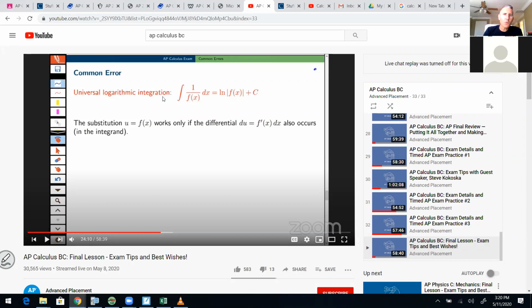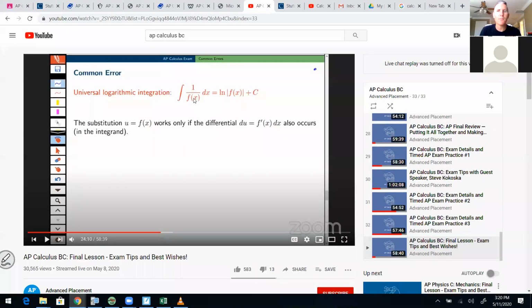But otherwise, you have to do that u substitution, and you have to make sure that if f of x is linear, then it will look like this times some f prime, right? However, if this was 1 over, let's say f of x is like x squared, the integral of 1 over x squared dx is not the natural log of absolute value of x squared plus c, or even 2x times the natural log of absolute value of f of x plus c, which would be x squared, right?